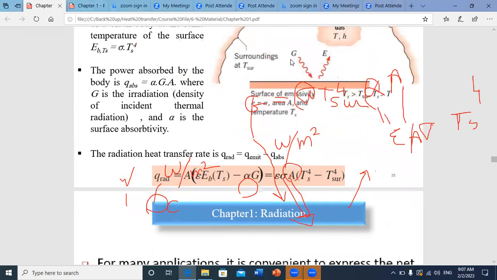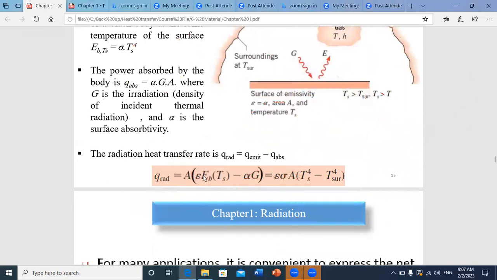It is the difference between the two, because you have Q that is emitted going out from your surface, while another is absorbed by your surface. So in total, the net radiation flux will be epsilon sigma A times T surface to the power 4 minus T surrounding to the power 4.